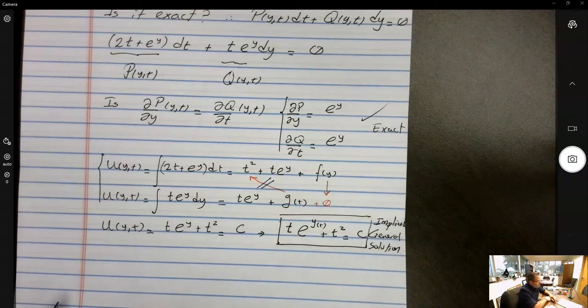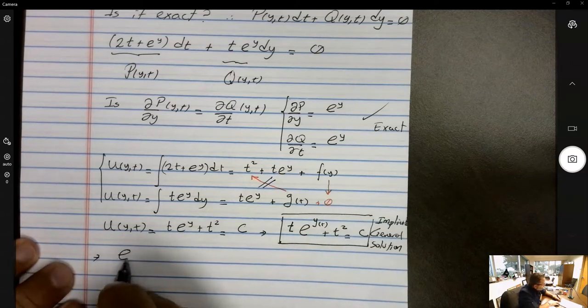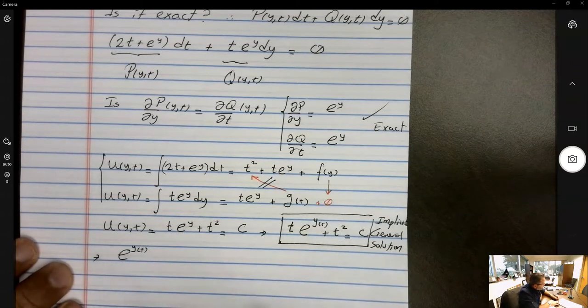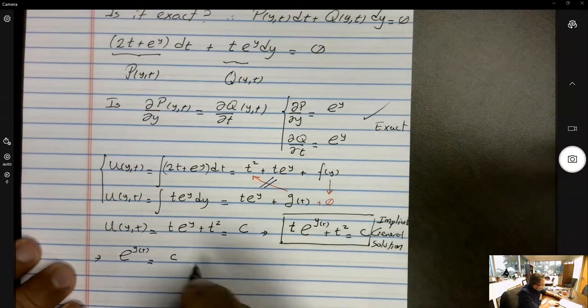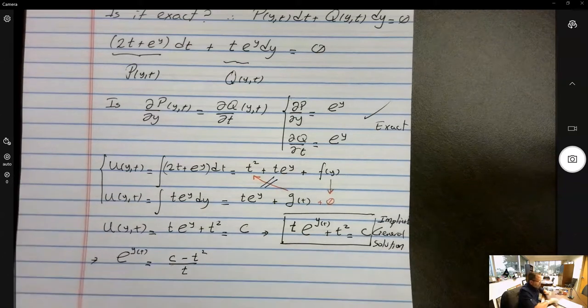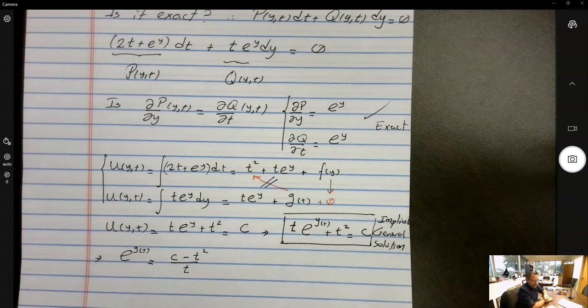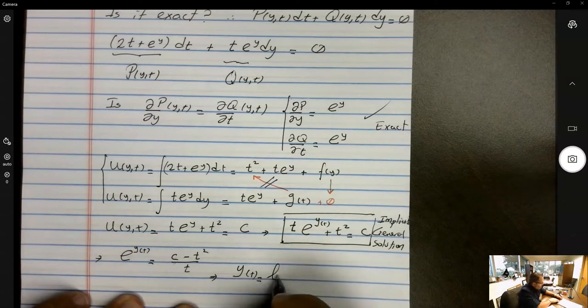In this particular case, we can take e^y, right? That e^y is (c minus t squared) divided by t, right? And then we can say that y of t is the log of (c minus t squared) divided by t.